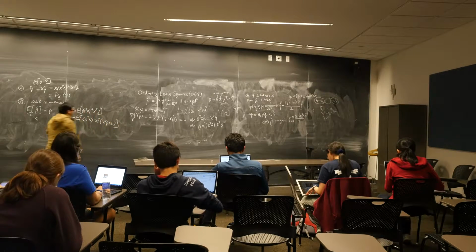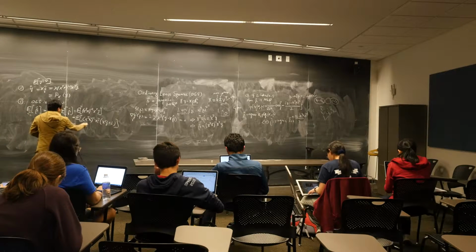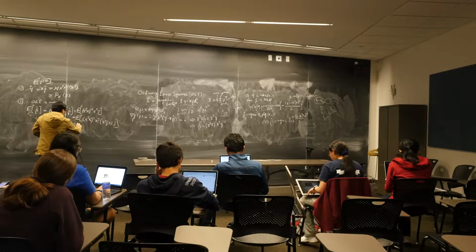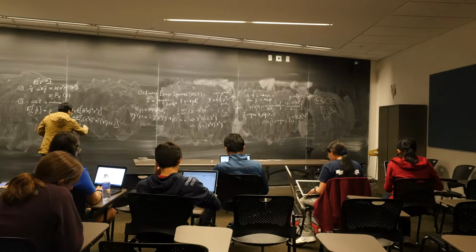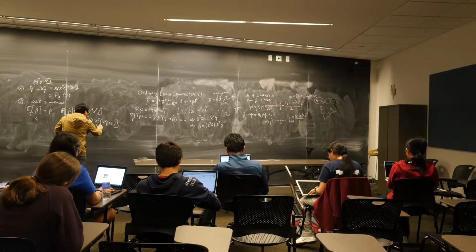Right? So (X transpose X) inverse and X transpose X cancel out. So I have beta here, plus the expectation of (X transpose X) inverse X transpose epsilon.